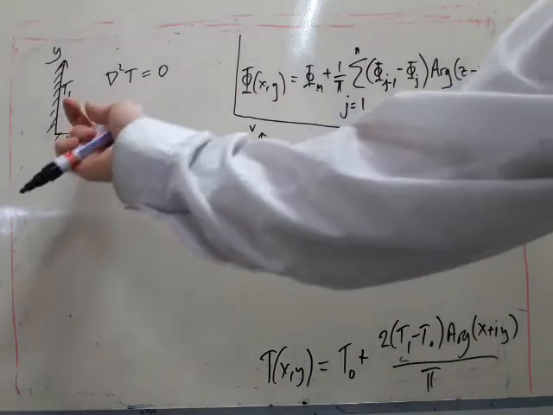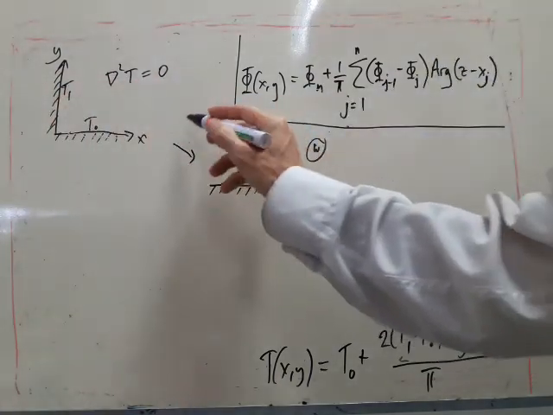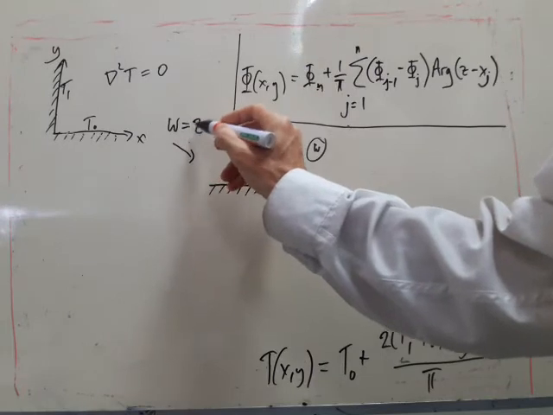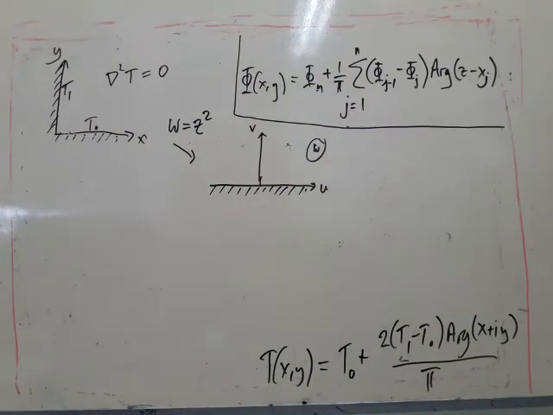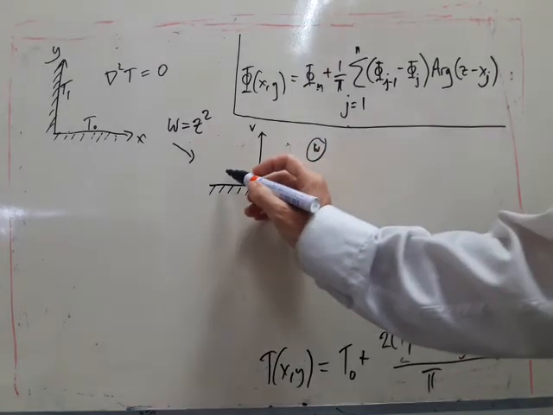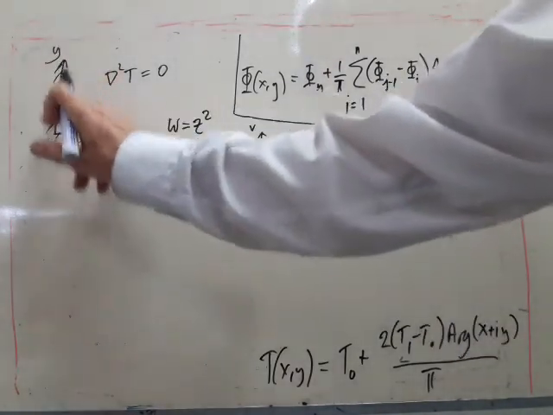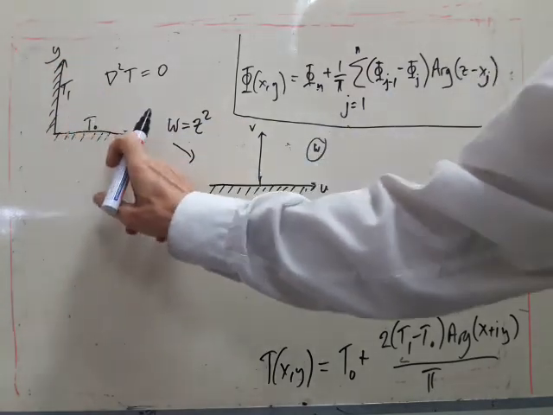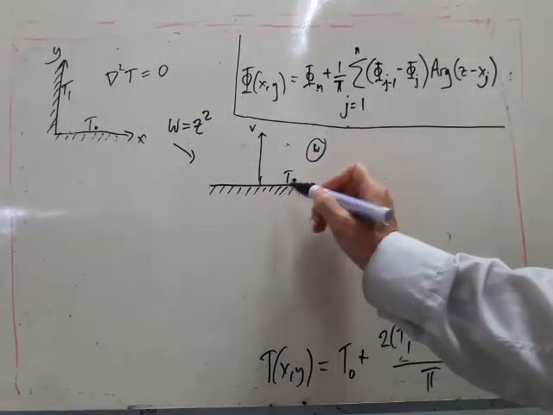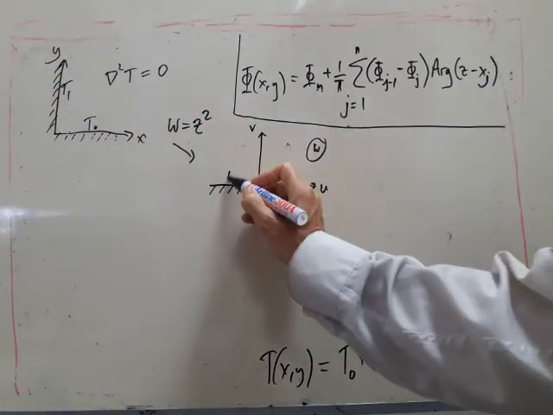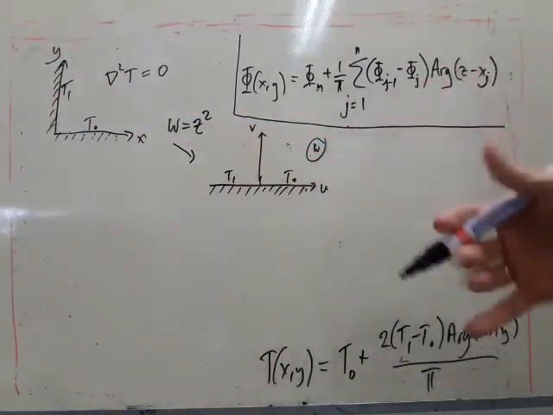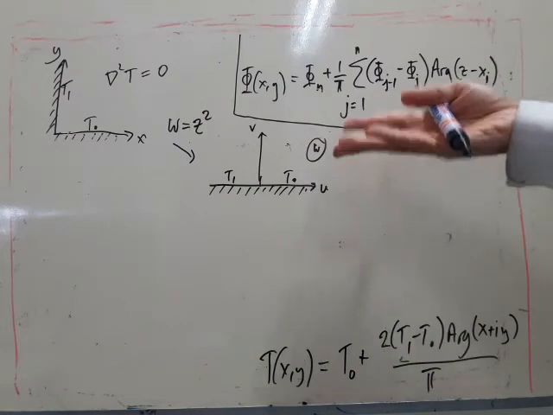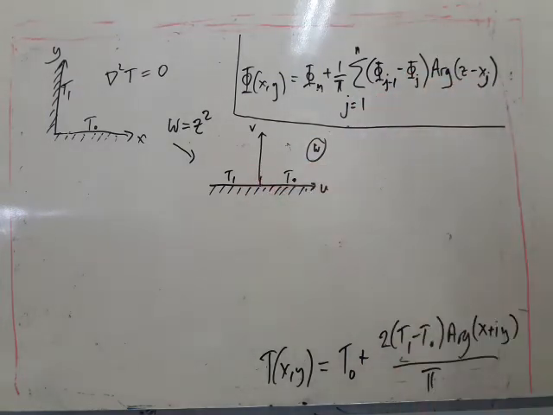The transformation from here to here is just w equals z squared. And then the boundary conditions in the w plane are transformed. Basically, this gets transformed to here, and the T1 gets transformed to here. I could, of course, also change variables to u and do the same thing, but I'll just keep it like this to keep things simple.